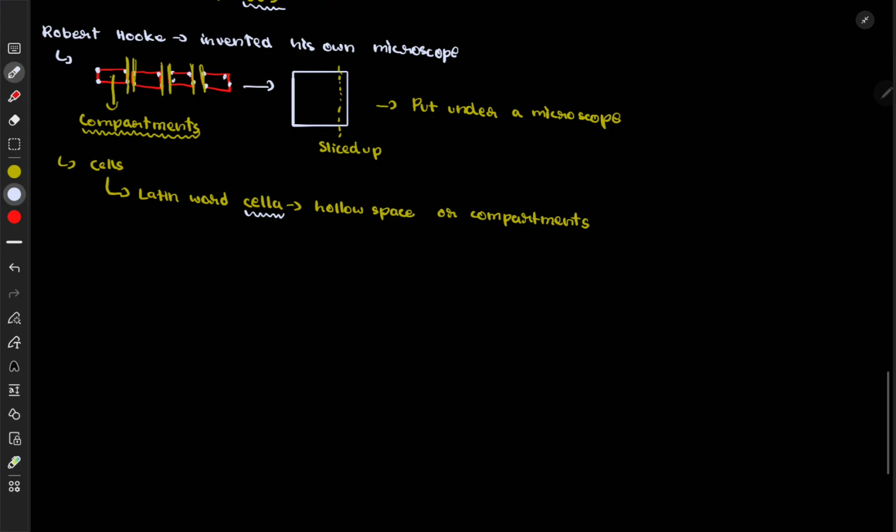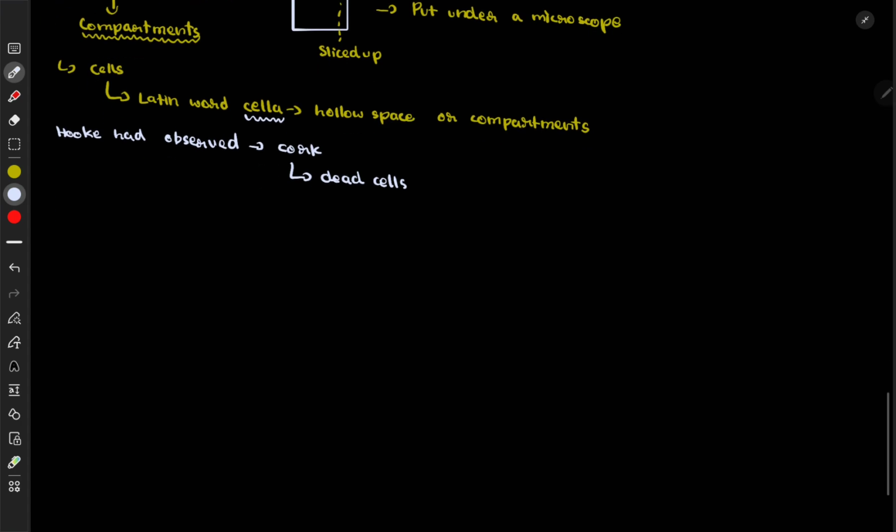Now, later it was understood that what Hooke had observed was cork, that was true, but the cork had dead cells. How?